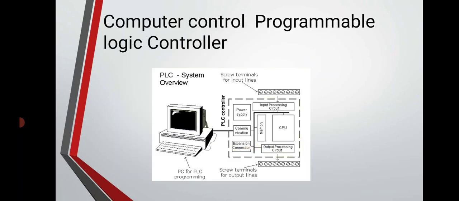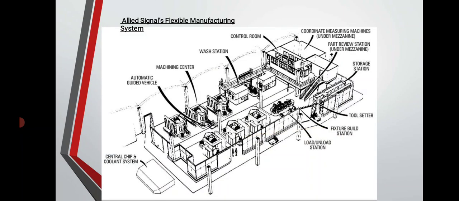Next, computer control, programmable logic control. So the computer controls the entire unit of this flexible manufacturing system. You can see this image, flexible manufacturing systems, the Allied Signal flexible manufacturing system.